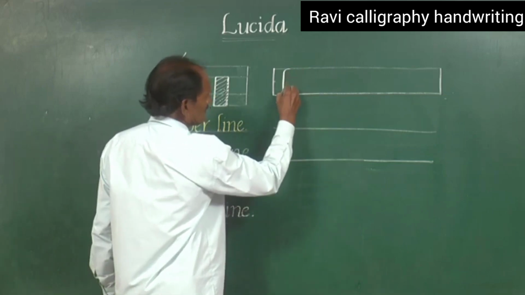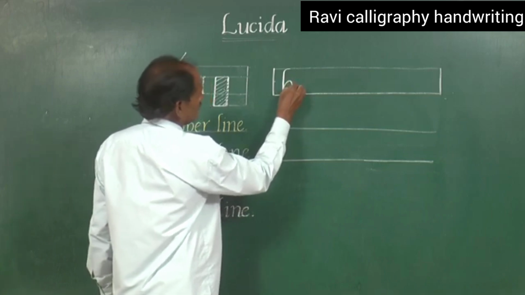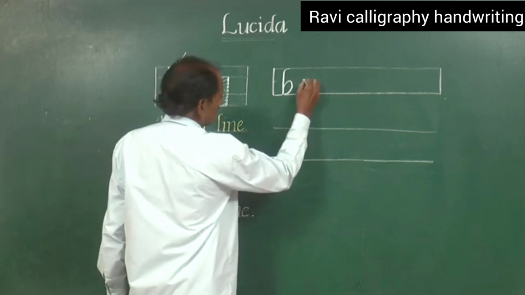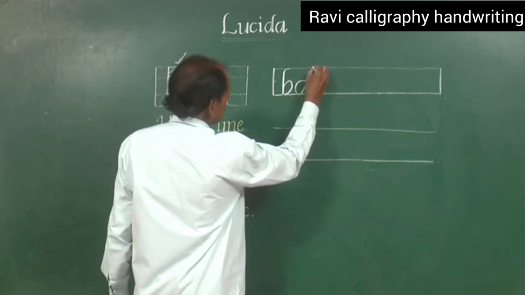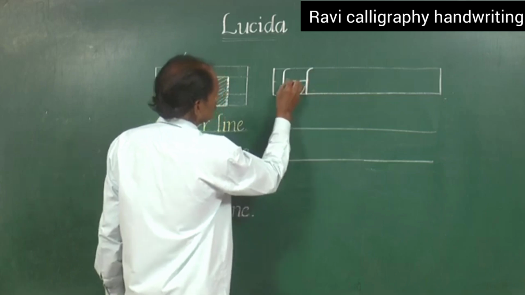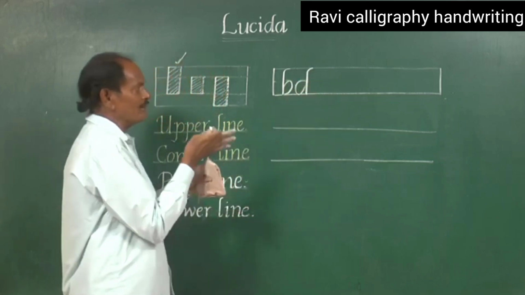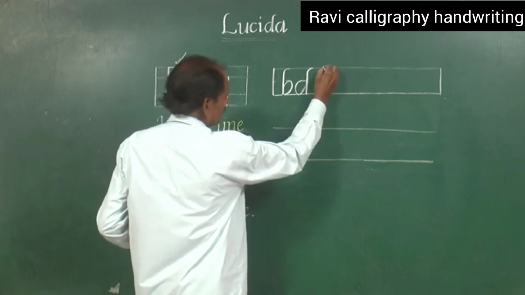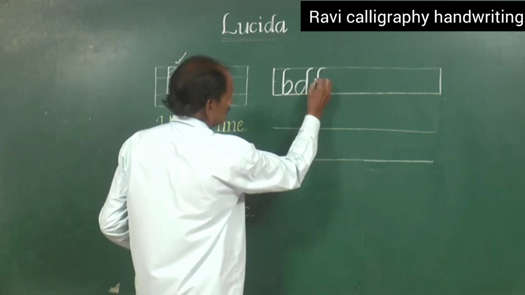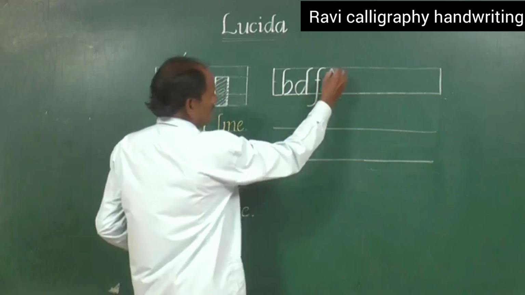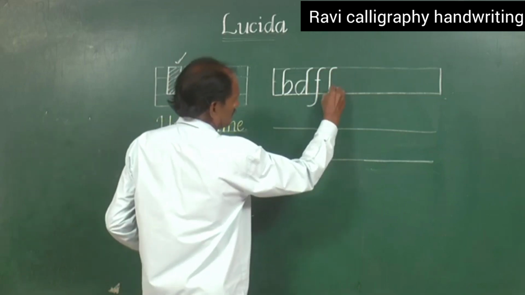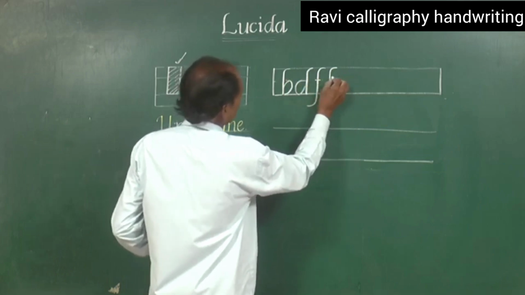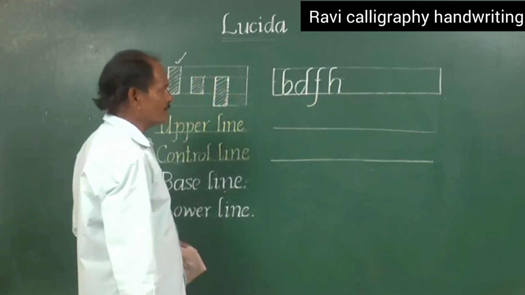After writing this stroke, the oval shape should be written like this. After writing this oval shape, these 2 should be up to the middle of this 2 lines pattern. Next, F. H. This is also up to the half of the 2 lines pattern.